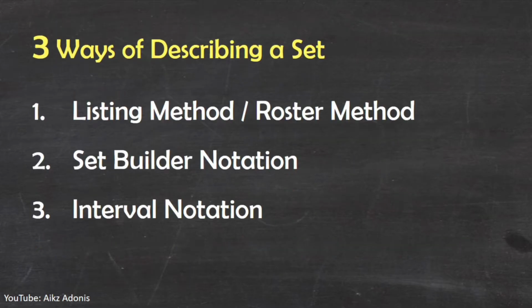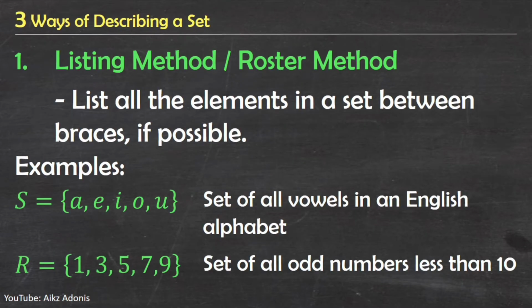There are several ways to describe a set. These are the listing method or roster method, set builder notation, and interval notation. Now, let's discuss first the listing method or the roster method. This method will list all the elements in a set between braces, if possible.